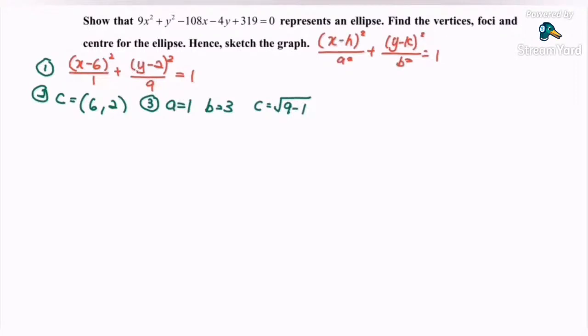So in here we have B as a major, or we can say the y-axis, and the A is the minor, and we can say X is the minor axis. So C is equals to square root of 8, or you may express your answer 2 multiplied with square root of 2.